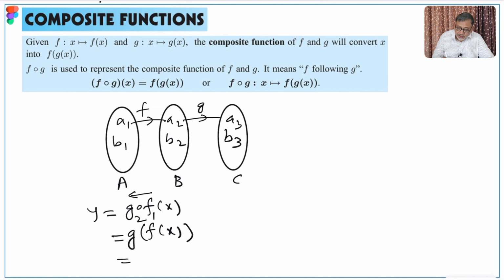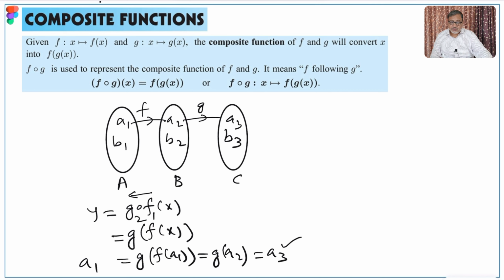First we apply the f function, then we apply the g function. So f will associate A1 to A2, so f of A1 will become A2, and g will associate A2 to A3, so finally you get A3. So it means A1 is associated to A3 in the composite function. A composite function can be f dot g or g dot f.